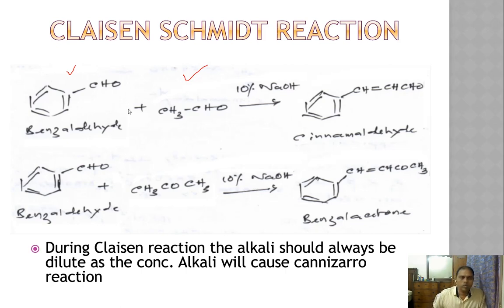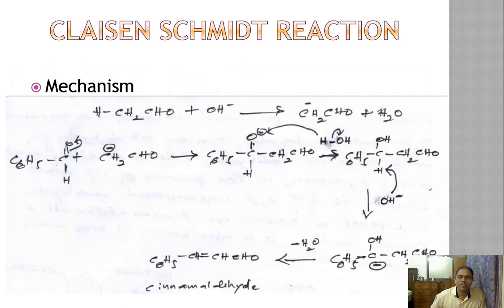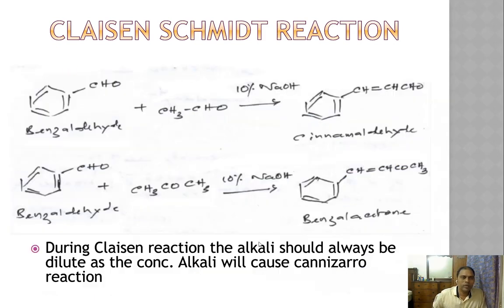If we go further into the reaction mechanism, this is the alpha carbon, and this is the aromatic aldehyde. The hydrogen attached to this alpha carbon is the alpha hydrogen, right? And the other condition is that the aliphatic aldehyde should have active hydrogen.